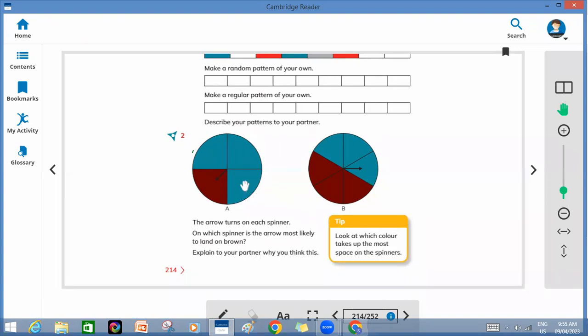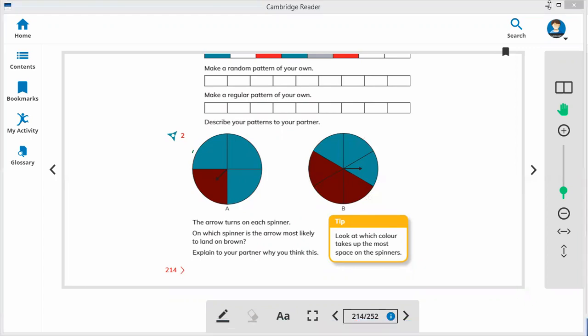So what we are going to do, here is circle A and here is circle B. On circle A, the arrow will most likely be on blue, and here it is going to land on brown. It is going to land on brown.